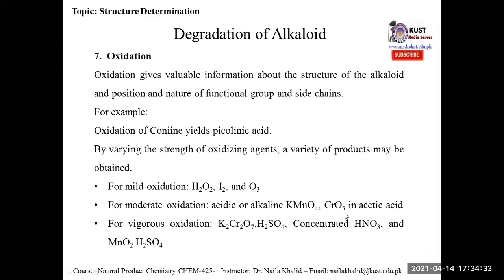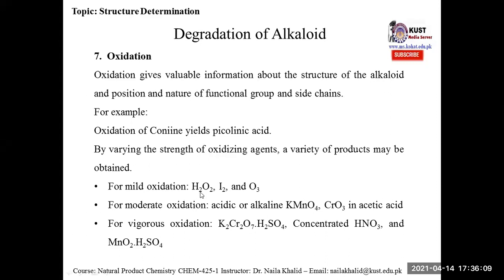The next method of degradation is oxidation. Oxidation gives valuable information about the structure of an alkaloid. For example, oxidation of coniine yields picolinic acid. By varying the strength of the oxidizing agent, a variety of products are obtained.